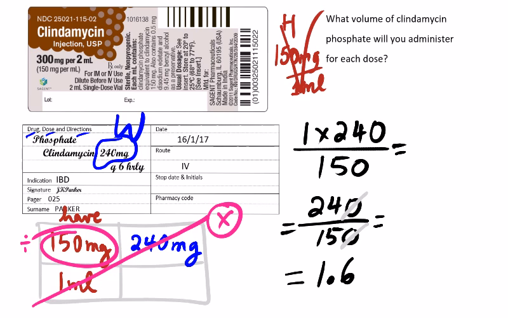In the box, we see that this position here, where we need our answer, must match that 1 mil. So our answer should come out in mils or milliliters. 1.6 mils is what we need for each dose for this patient.